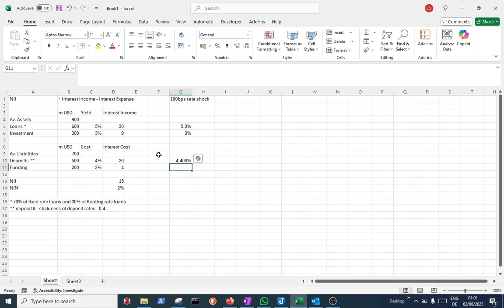Voila. In terms of funding, well, when the central banks increase interest rates, we are also going to pay higher rates. So the funding rate will increase, and that will be 2 plus 1.